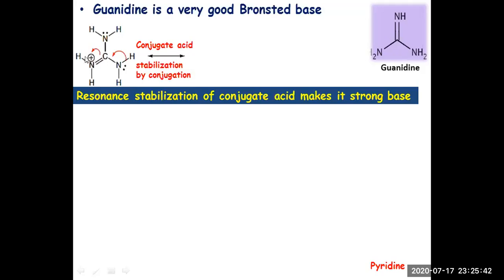You can see there is a protonation of this nitrogen, and now it can be stabilized because you have one nitrogen here, another nitrogen here, each has a lone pair of electrons, so they can be used for the stabilization of this ion. This is how I can show the resonance stabilization or conjugation. And since the conjugate acid form is stable, guanidine becomes a strong base.